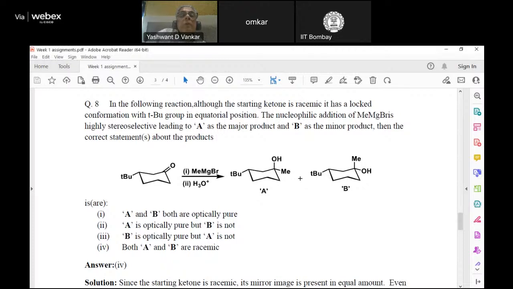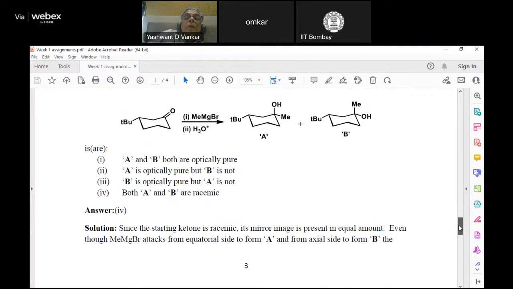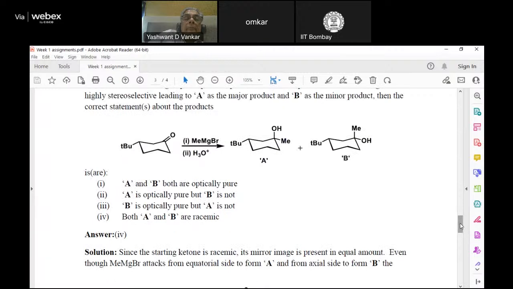So in question number 8, basically, I'm not able to see that screen. The molecule which I have shown here has a locked tertiary butyl group, and therefore it will have a conformation in such a way that the tertiary butyl group will be equatorial.